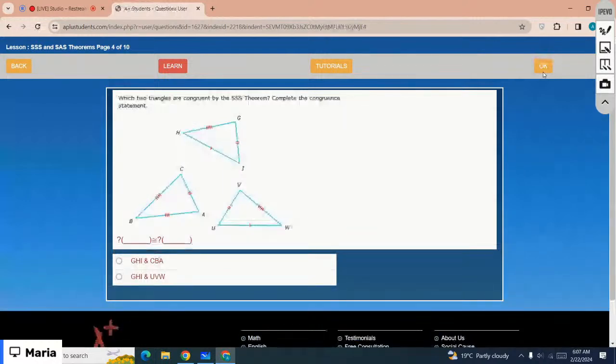Okay, the next one: which two triangles are congruent by SSS?